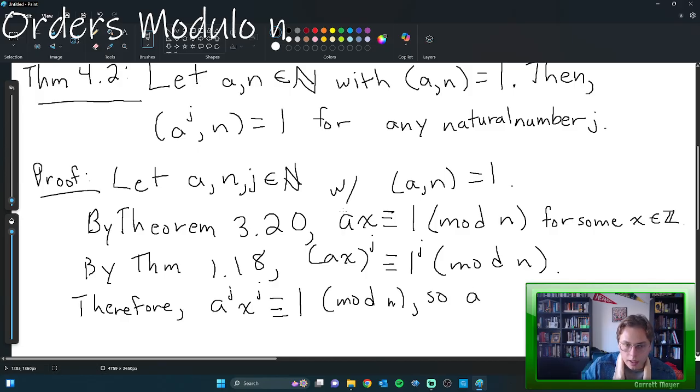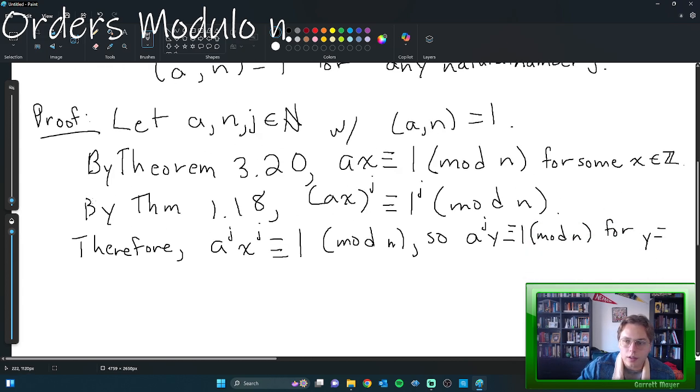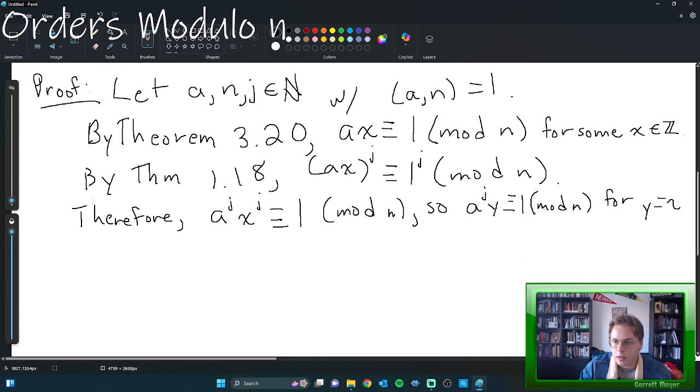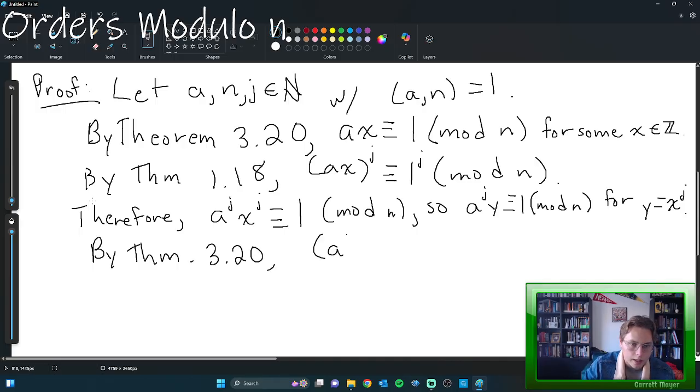So a to the j times y is congruent to 1 mod n for y equals x to the j, and y is an integer. So we know this linear congruence for a to the power of j is congruent to 1, and by theorem 3.20, that would imply that the GCD has to divide 1, so the GCD would have to be 1. So by theorem 3.20, the GCD of a to the j and n is 1.